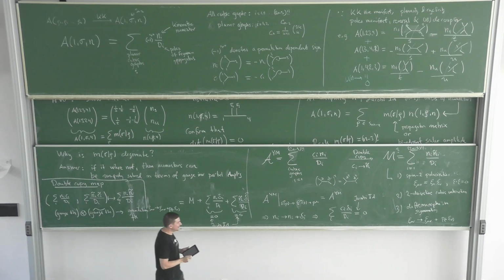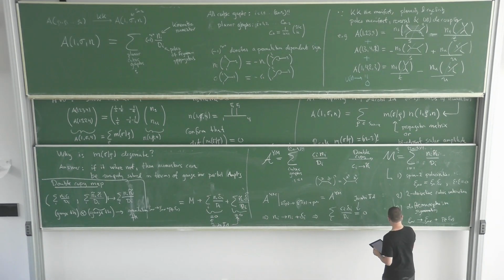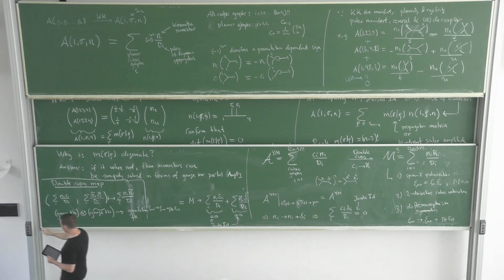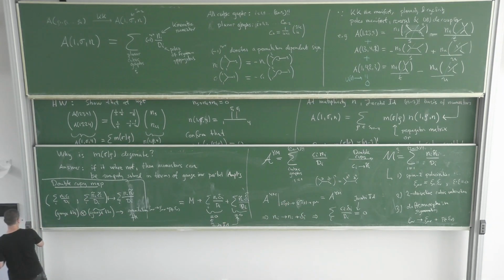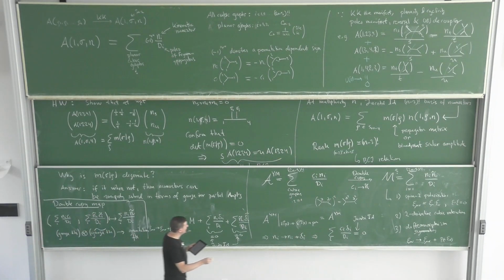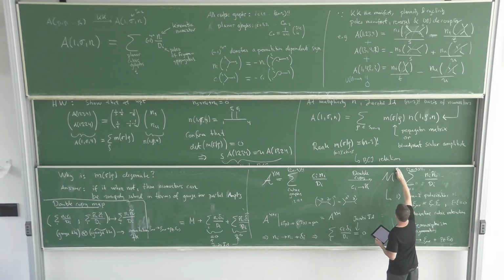Maybe I forgot to say that the whole punchline of diffeomorphism invariance is that this is gravity. So in the case of Yang-Mills, we can call this GR.